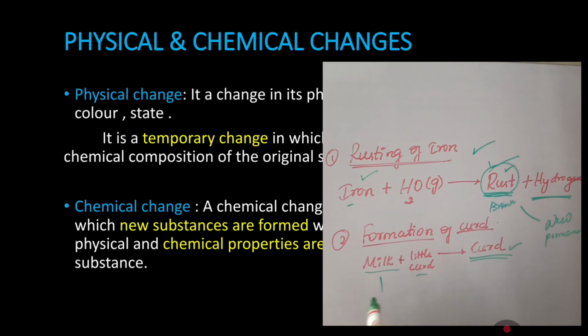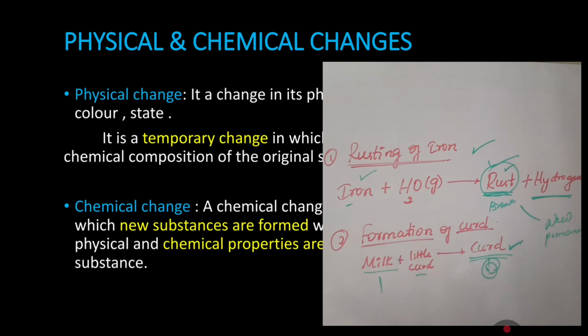The properties of milk and curd are so different, right? The texture, taste, and smell of the curd are different from those of the milk. It has very new properties compared to milk, and it is a new substance formed, and the change is permanent. You cannot get back milk from curd, right? So this is a chemical change.